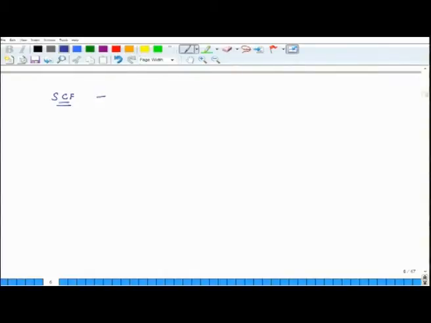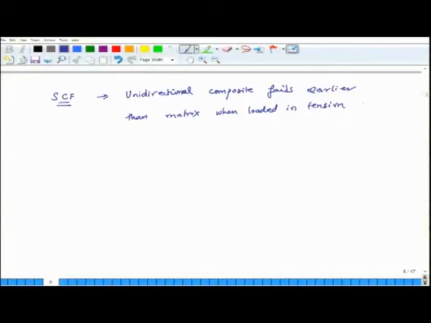and because of this stress concentration factor unidirectional composite fails earlier than matrix when loaded in tension in transverse direction.